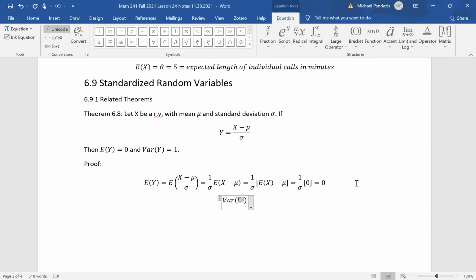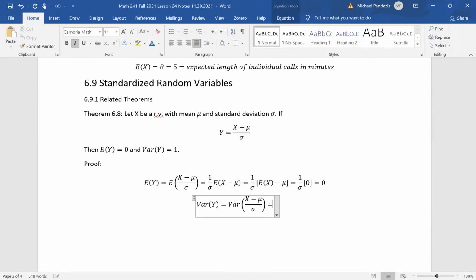Now, if you compute the variance of y, then the variance of y is the variance of x minus mu over sigma. We know that if you have a constant, you can move the constant out, but you have to square it. So it's 1 over sigma squared times the variance of x.